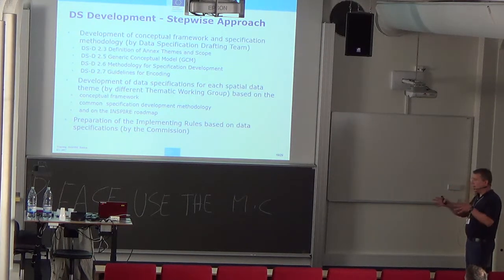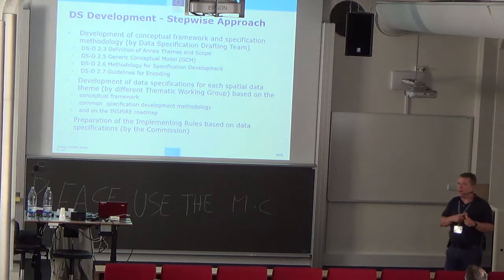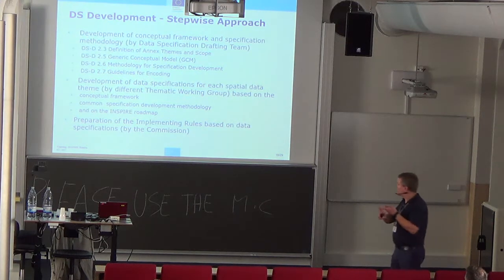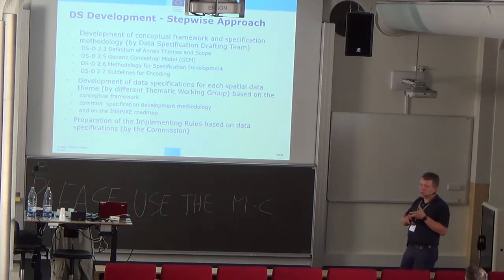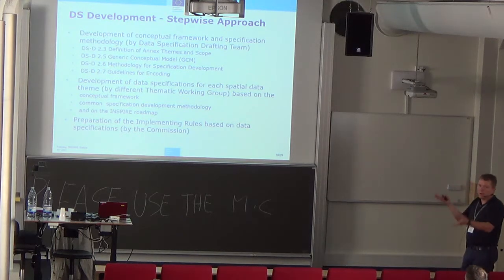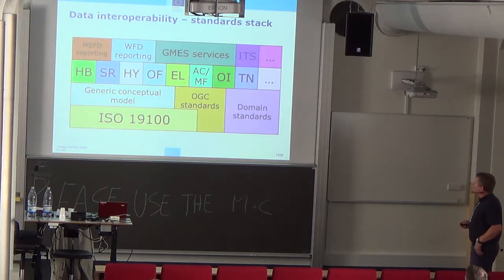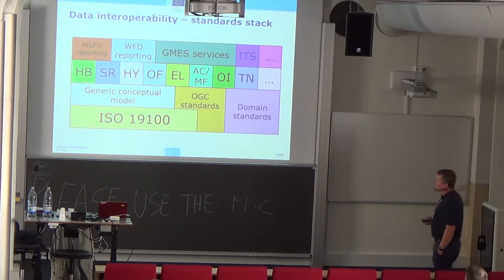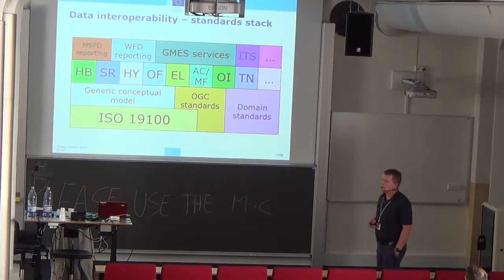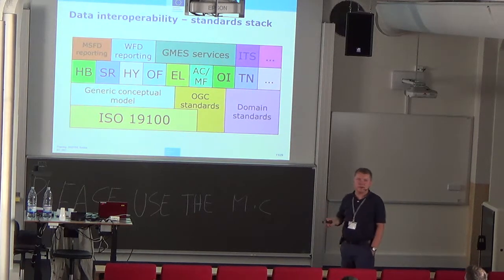So you will see the development of these two types of documents: implementing rules and technical guidelines, or data specifications, were a parallel process. These two types of documents were implemented in parallel.